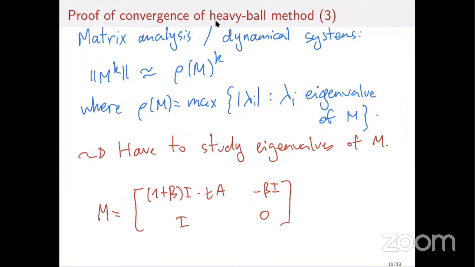A simple argument allows you to see that by just doing a change of basis, you can put A into a diagonal matrix, and that won't change the eigenvalues of M. So assumption: A is diagonal.